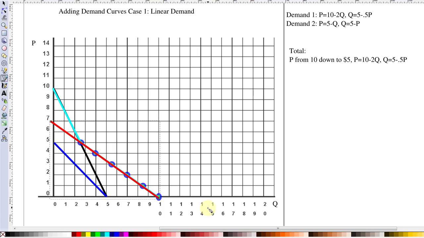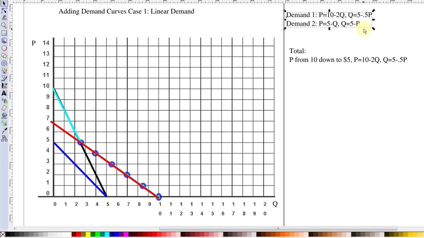Okay, but an easier way to do that is just to add the two demand functions together. And when I say add the demand functions, you have to actually use the, technically, what is the demand function, the Q equals form, to get that equation. So what we would want to do is add this function, Q equals 5 minus 0.5 P, to this one, Q equals 5 minus P. And let's see what we get.